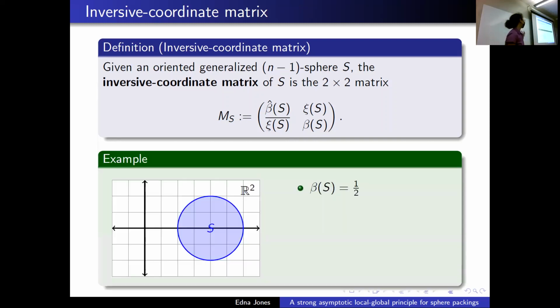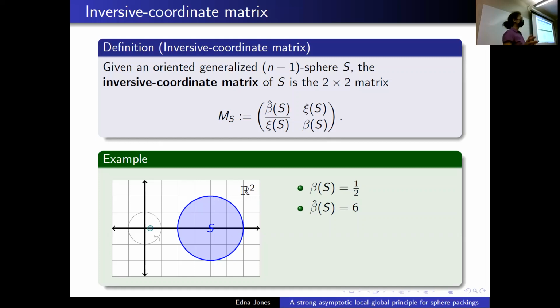As an example, if we have this circle here, it has a radius of 2, so its bend is a half. If we reflect this circle in the unit circle, we see that the rightmost point of the reflected little circle is a half, and the leftmost point is a sixth.